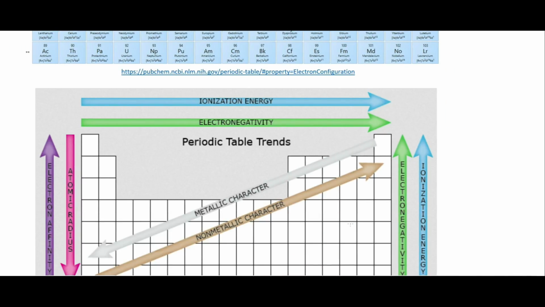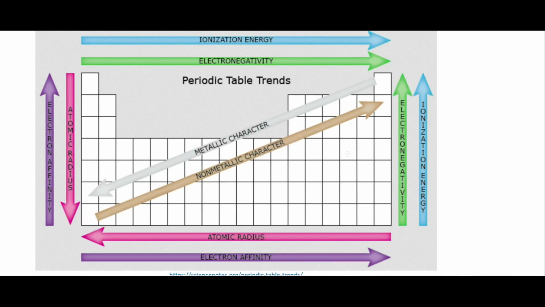So if we look at the periodic table, we look at the periodic trends, what you see is the atomic radius, which is these ones here in pink, actually gets larger as you go down and as you go to the left, which seems a little bit counterintuitive because you're adding more electrons as you go from left to right.